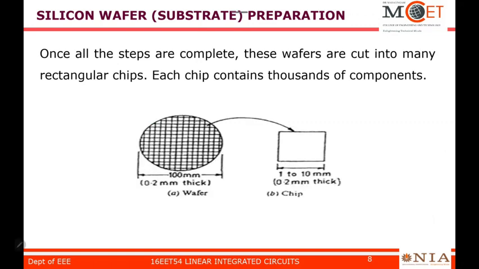On the wafer, the many squares are chips. Circuits are etched on each square part, then it is cut into small chips.